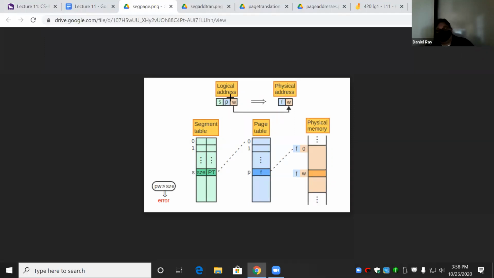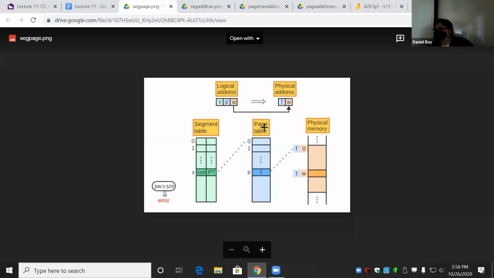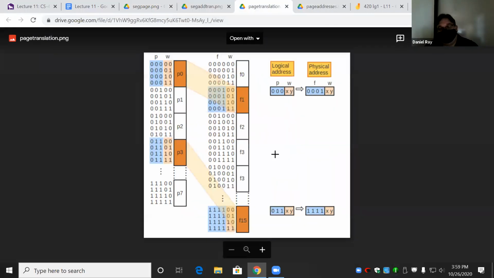What do you notice about this translation in comparison to a simpler one like this? Right? There's an extra step. Okay? So how much work do each of these translations take? Right? Because in this one, we had an extra, it's not shown here, but the page table, right? To look up this and find this value. Okay, there's an extra page table here.